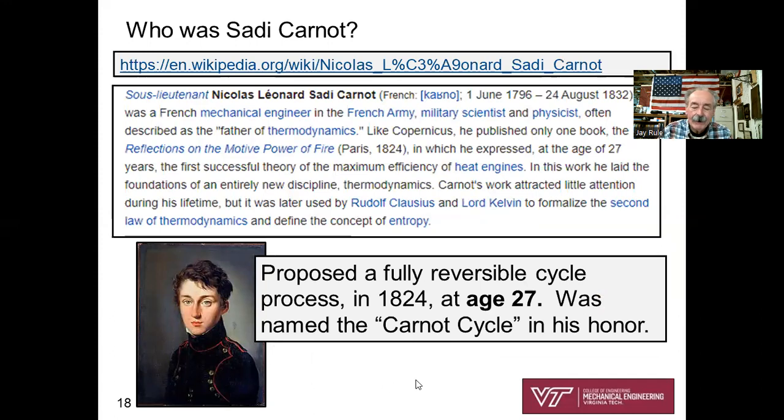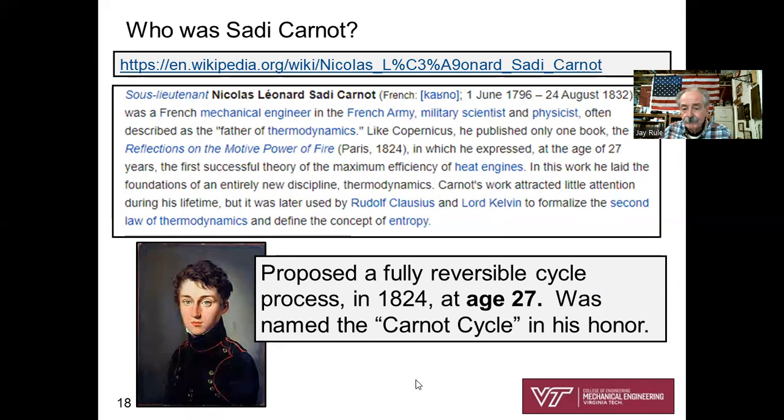Who was Sadi Carnot in the first place? I went to Wikipedia to refresh my memory on some things that my favorite thermo professor talked about in class, but here are some neat facts. Sadi Carnot was a French person. He was a mechanical engineer in the French army, born in 1796 and died in 1832.